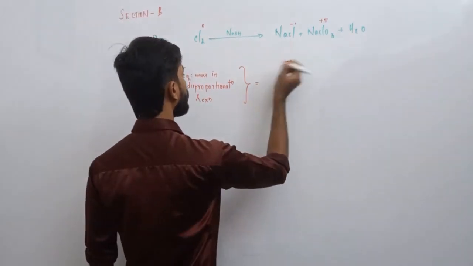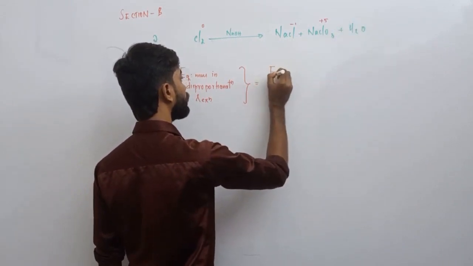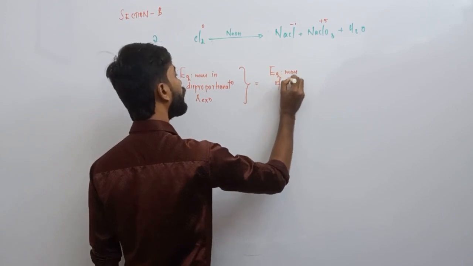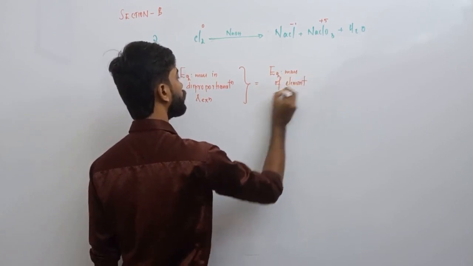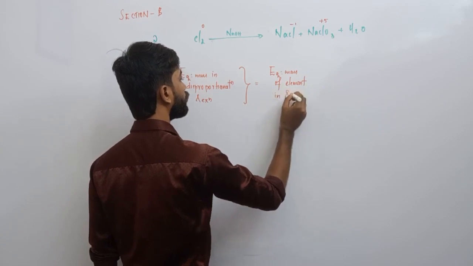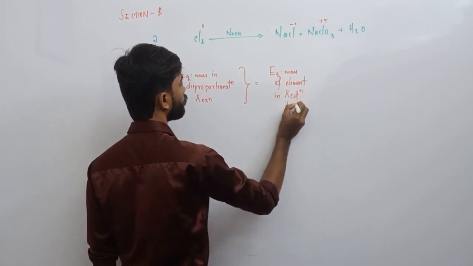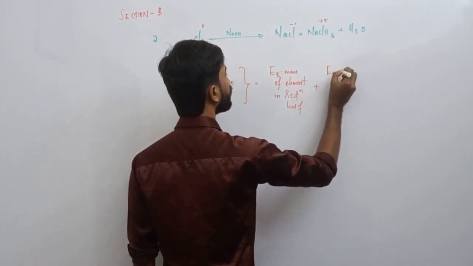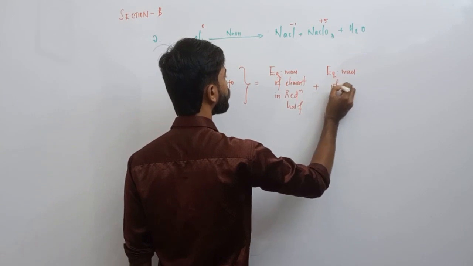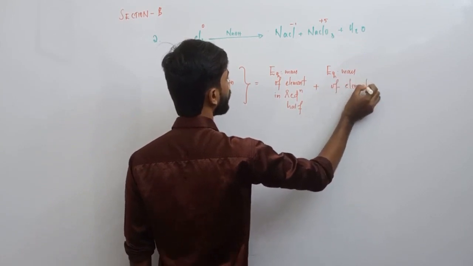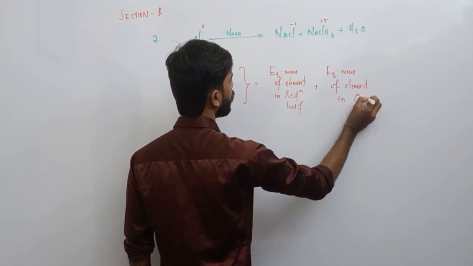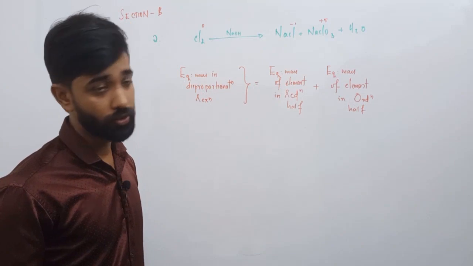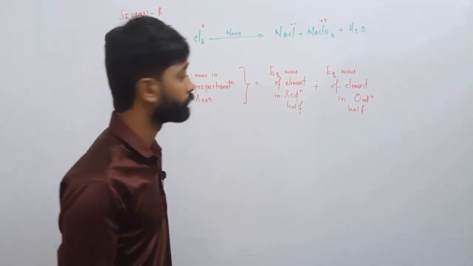So how can you find that? You simply choose the equivalent mass of the element in the reduction half plus the equivalent mass of the element in the oxidation half. This is how the equivalent mass in a disproportionation reaction is found.